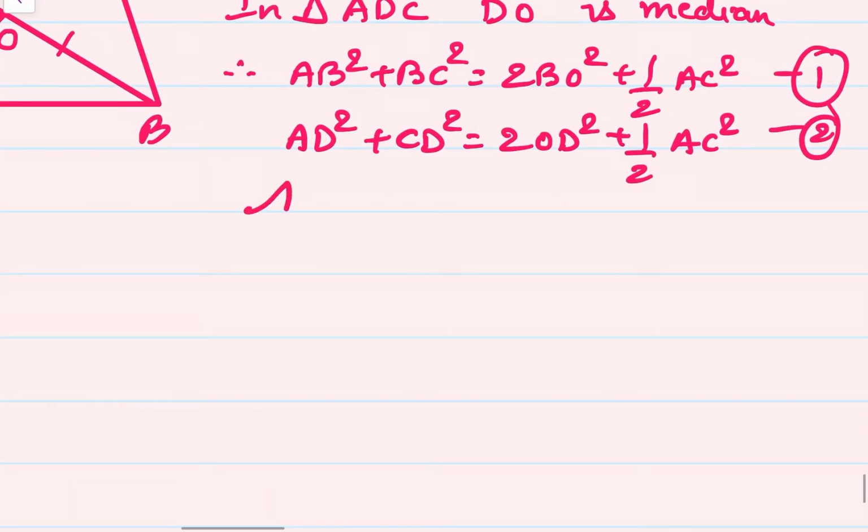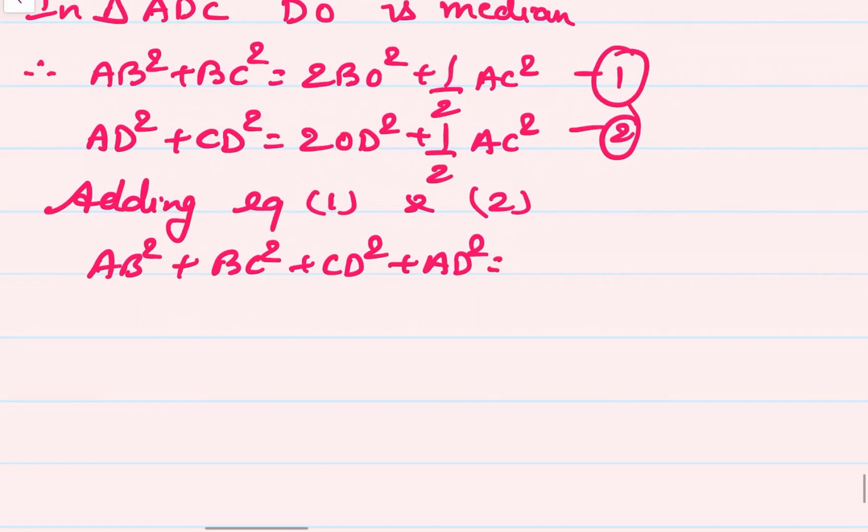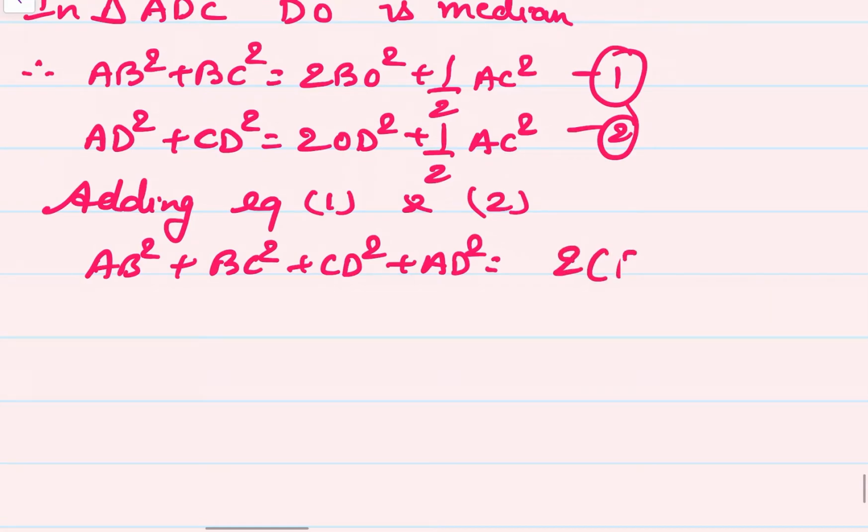Now adding both the results, adding equation 1 and equation 2, we get AB square plus BC square plus CD square plus AD square is equal to 2BO square plus OD square plus AC square.